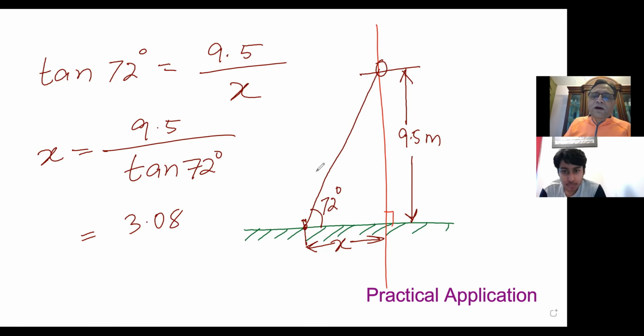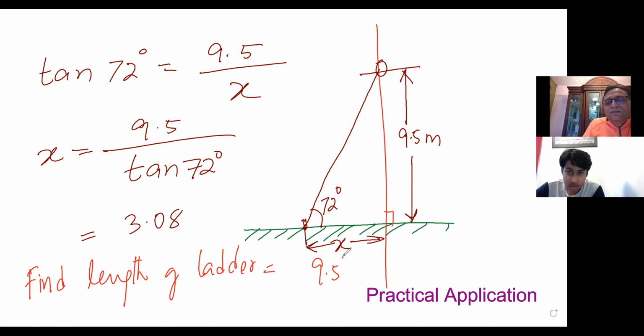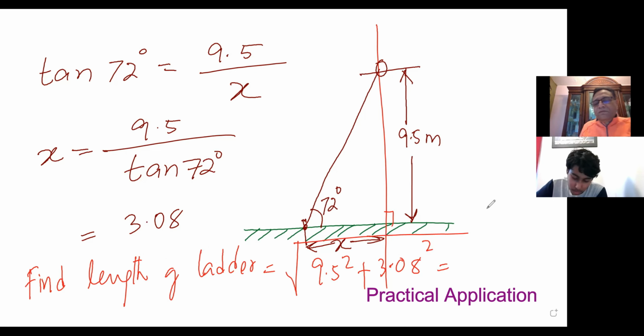Now you find the length of the ladder. The length of the ladder, like the hypotenuse, sir? Yes. So it's 3.08 squared plus 9.5 squared, which is 99.7.